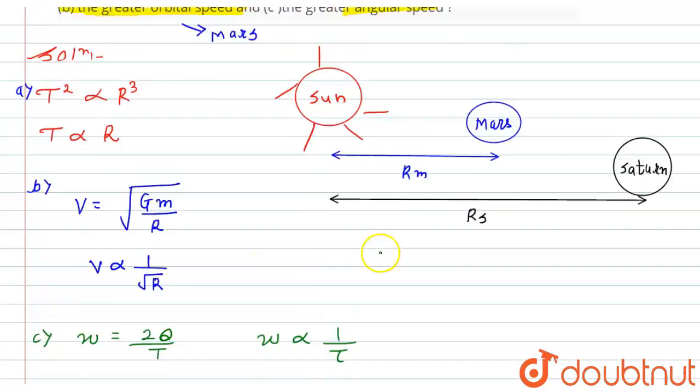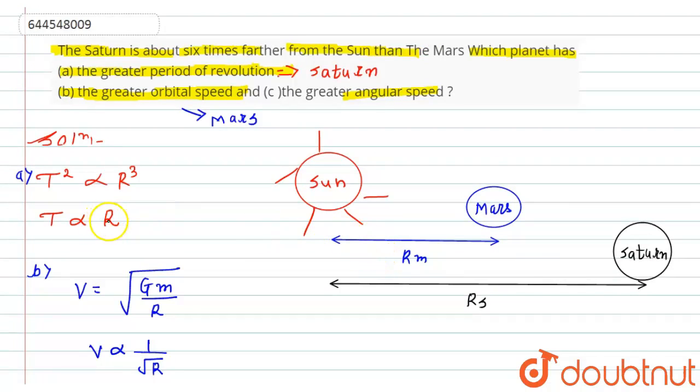But according to the above discussion, for Saturn the time period is greater as compared to Mars, so for Mars the time period of revolution is less. That's why its angular speed will be more. So the greater angular speed will be of Mars as compared to Saturn, because its time period of revolution is less.